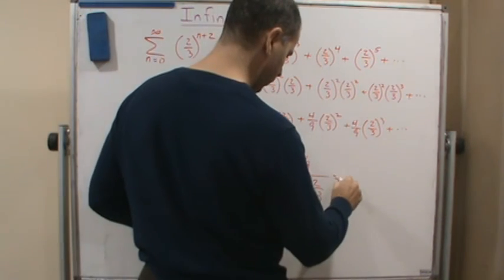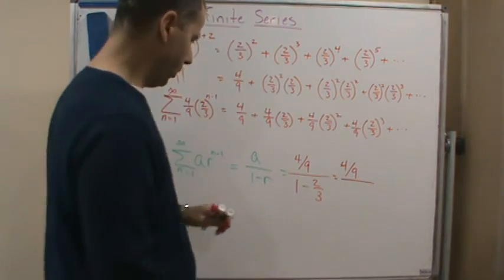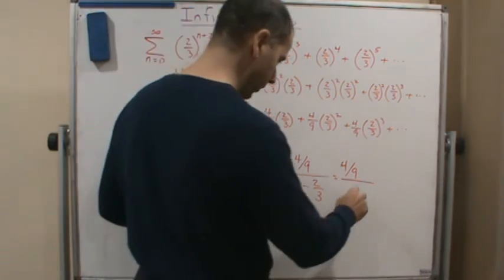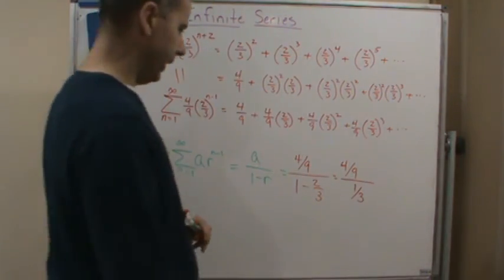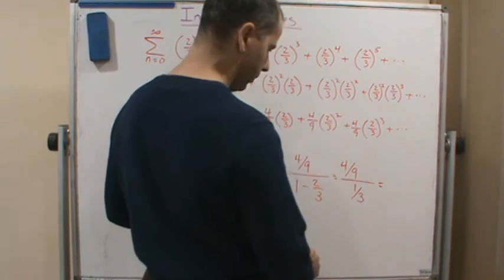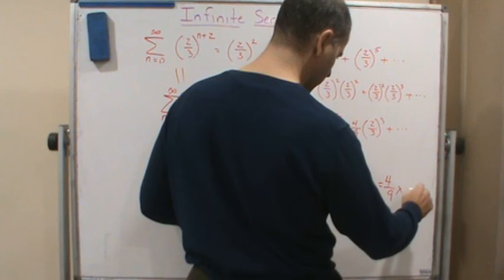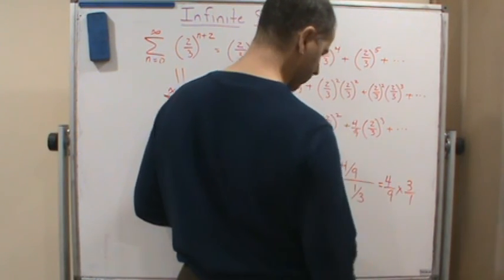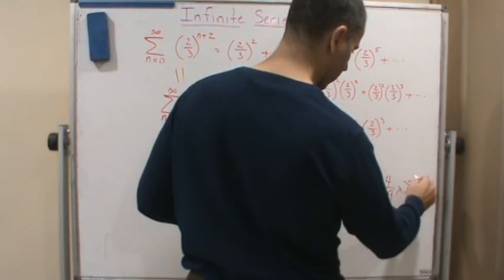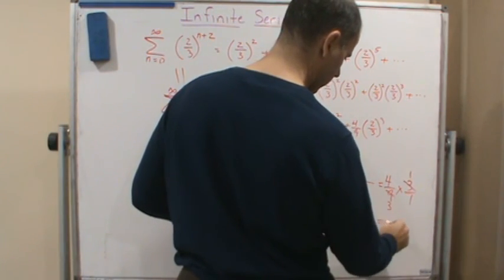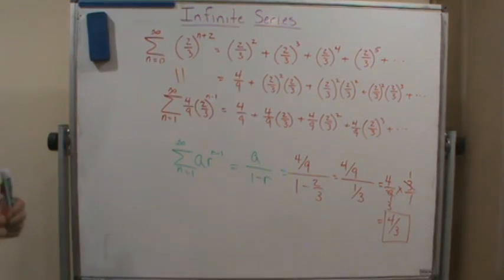So this is going to equal 4/9 divided by, well, 1 minus 2/3 is 1/3. And so this equals 4/9 times 3. So the answer is 4/3.